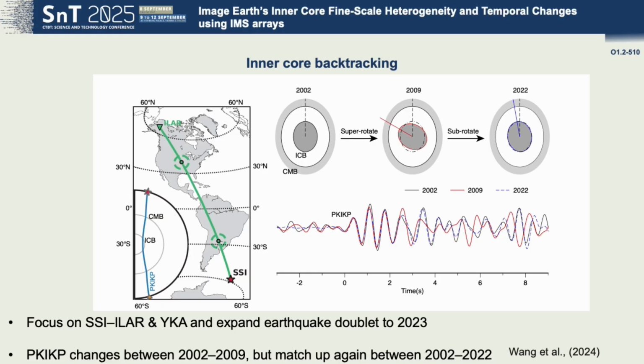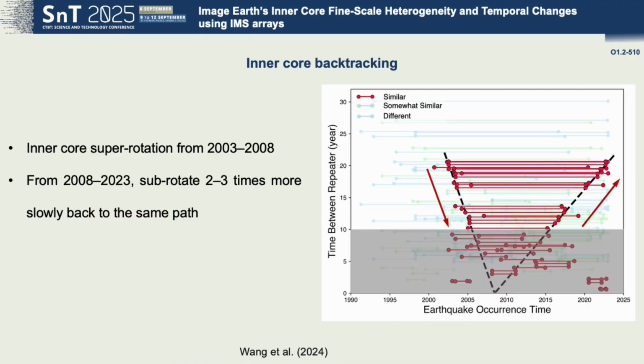This indicates that the inner core rotated back to the same position. By investigating the time spanning those earthquake doublets showing no PKP-IKP changes, we found that the inner core super-rotated from 2003 to 2008, and then sub-rotated two to three times slower back to the previous position.